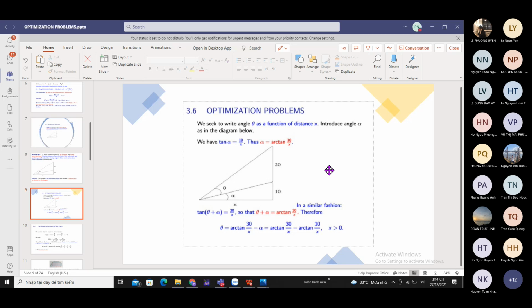So we finish the first and key step, we represent theta as a function of x. The next step, we find the maximum value of theta as a function of x on the interval 0 to infinity.